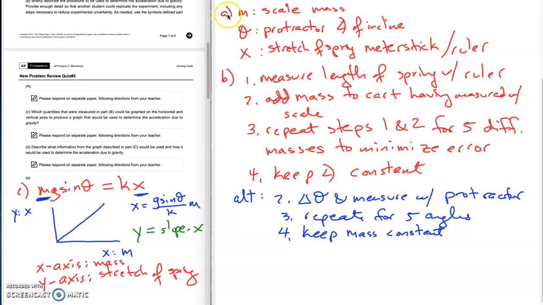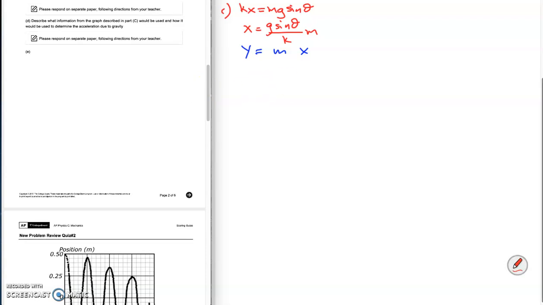All right, I'm going to have to clear these out so I can talk about D and E. Okay, I've cleared things out and rewritten C over here, condensed a bit. So for part D, what are we going to use to figure out what gravity is? So for my equation here, I have slope equals g sine theta over k.